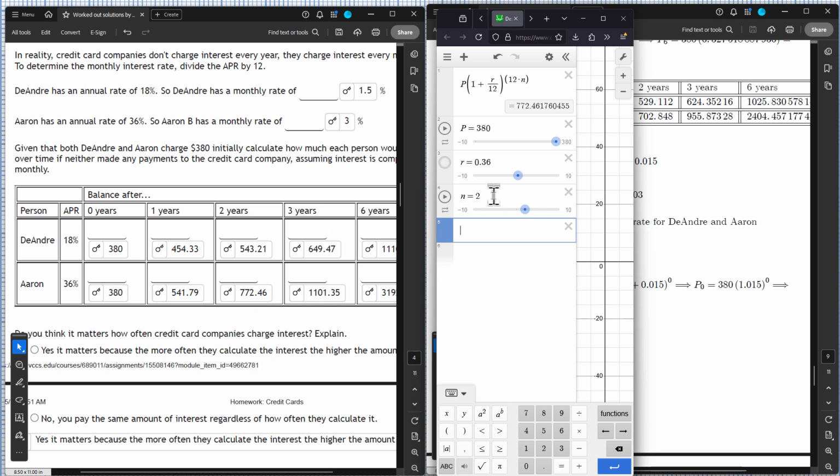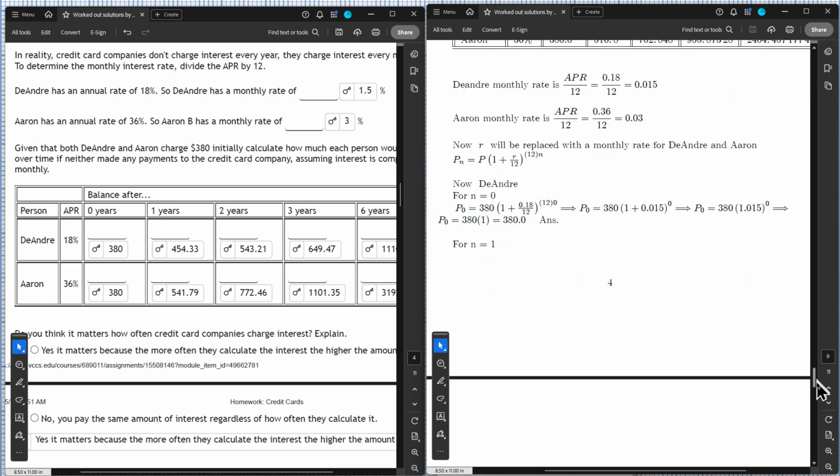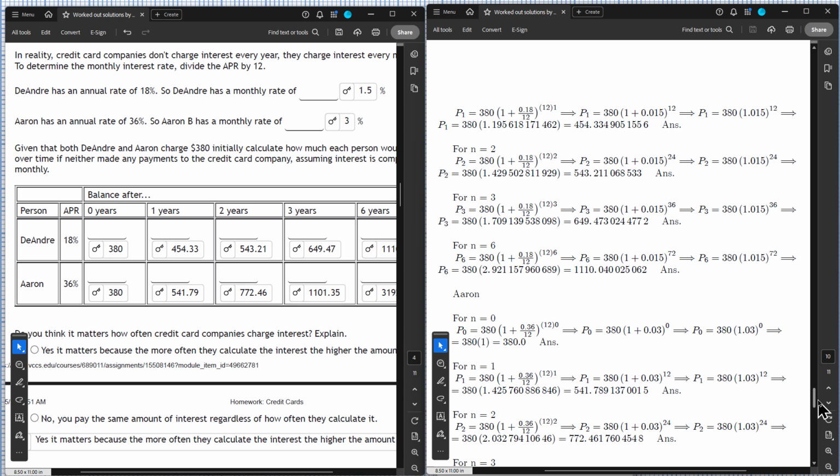When n is equal to 3, 1001. And when n is equal to 6, $3,192. Over here, I'll show you how to do it by hand.